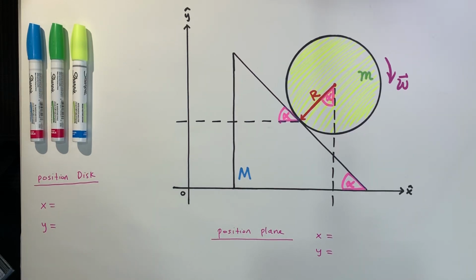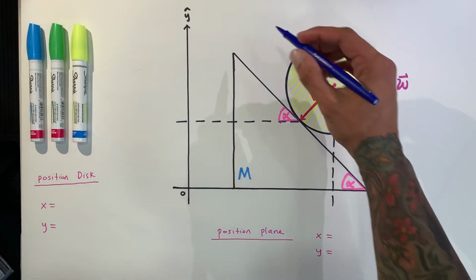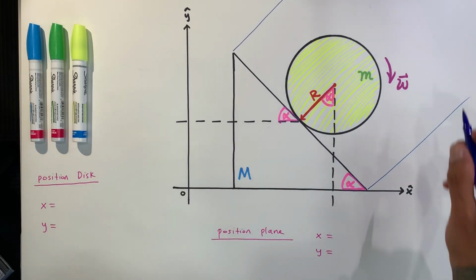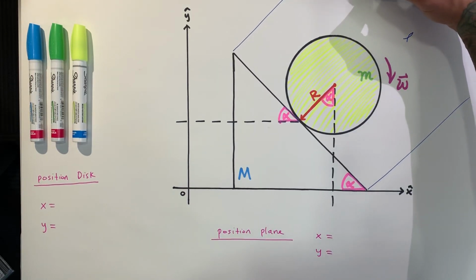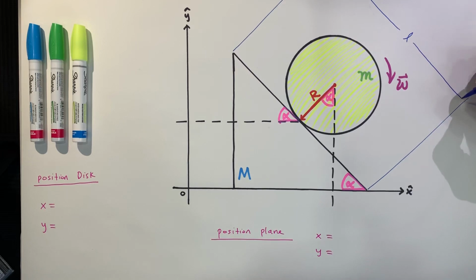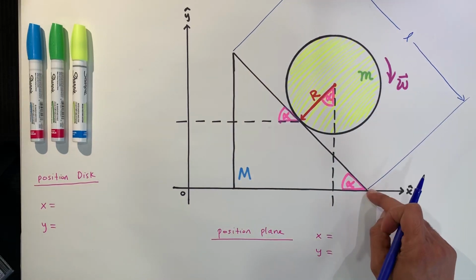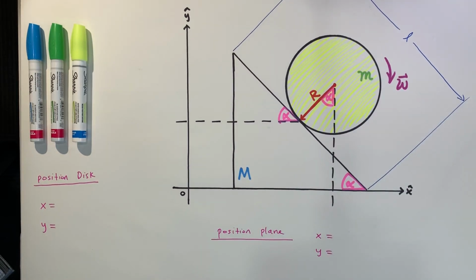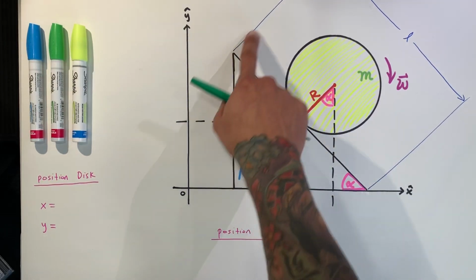Let's label the distance from the top of the plane to the bottom of the plane. I'm going to draw a line going up, and a line going up, and say that entire distance is L. I'll have an arrow this way and an arrow this way that show that from the bottom of the plane to the top of the plane is a distance of L. Let's also label a distance from the center of the hoop to the top of the plane.